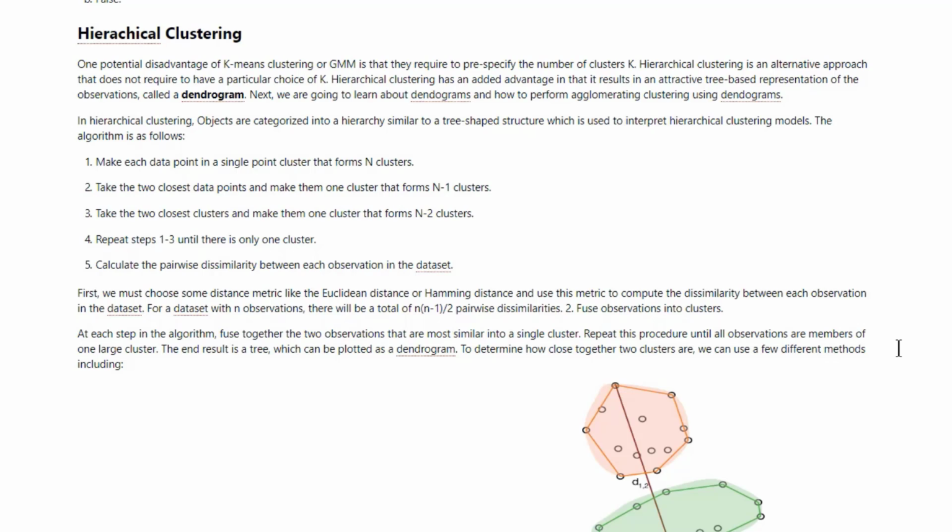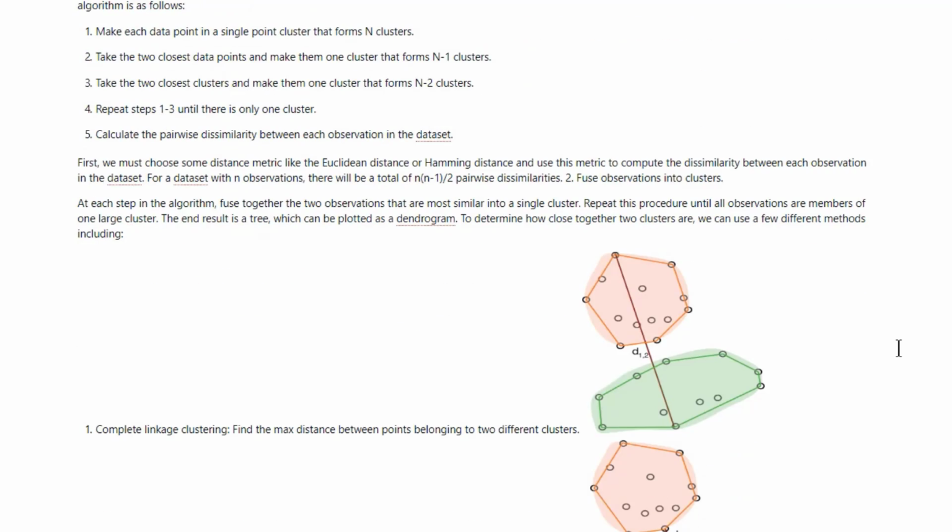And then we would like to fuse these observations into clusters. At each step in the algorithm, we have to fuse together the two observations that are the most similar into a single cluster. Repeat this procedure until all the observations are members of one large cluster. The end result is a tree which can be plotted as a dendrogram.